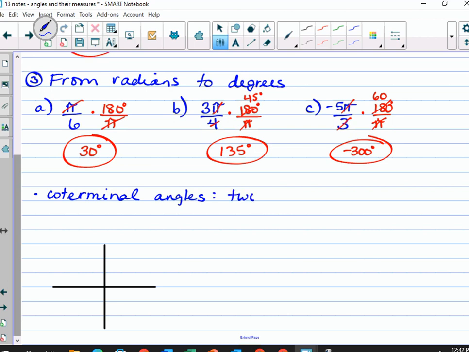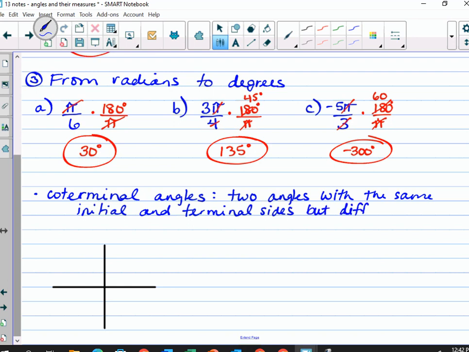So these are 2 angles with the same initial and terminal sides at different measures. Once you jot that down, then we'll draw a picture.